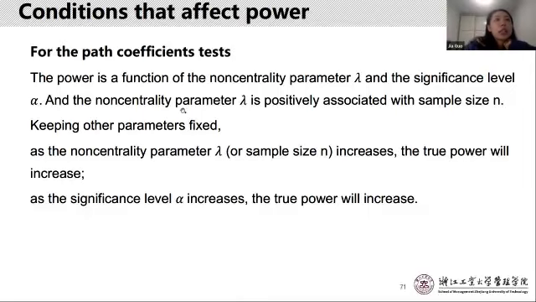And then the non-centrality parameter lambda is positively associated with the sample size n. So keeping other parameters fixed, as the non-centrality parameter lambda increases, the true power will increase. And as alpha increases, the true power will increase. The same conclusion.